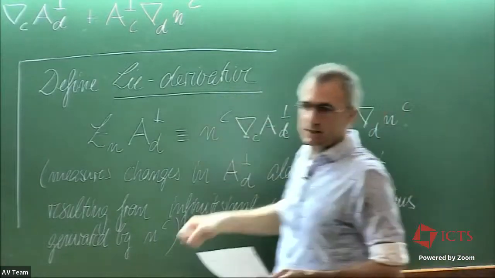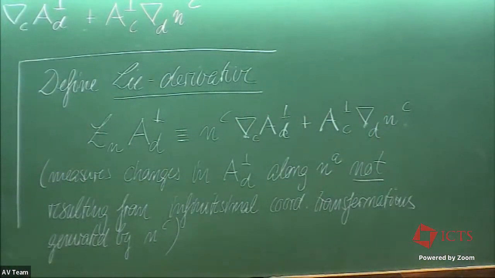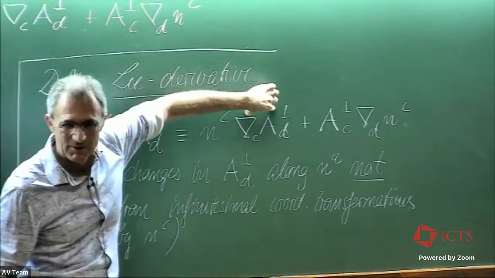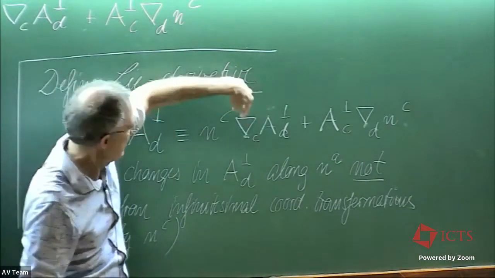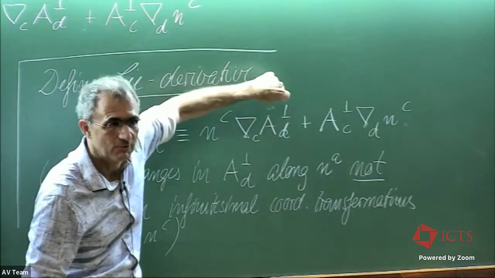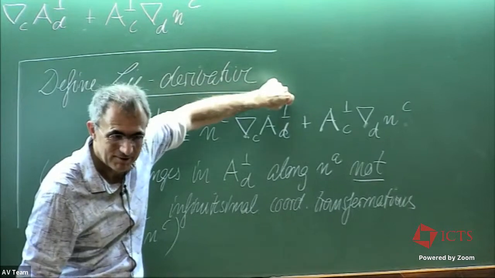I will let you explore some of the properties of the Lie derivative on the homework. In the tutorials, there's an exercise where you can play with this. One thing that you will discover is, when you evaluate this, you could write out these covariant derivatives in terms of partial derivatives and Christoffel symbols.